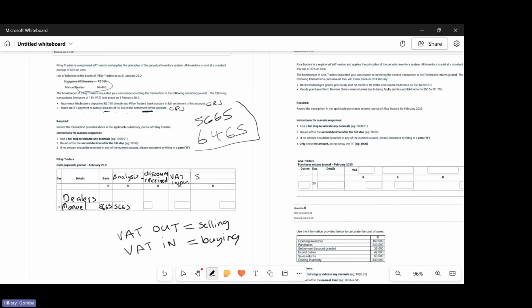Which means you need to subtract, and the difference that you will get will be the discount that they gave us, which is a discount received. Do you understand? Once you get that discount received, how much do you get if you say 6,465 minus 5,665? How much are you getting?